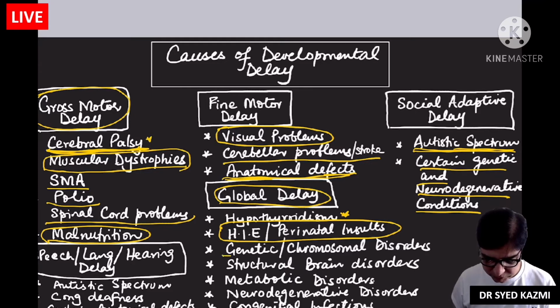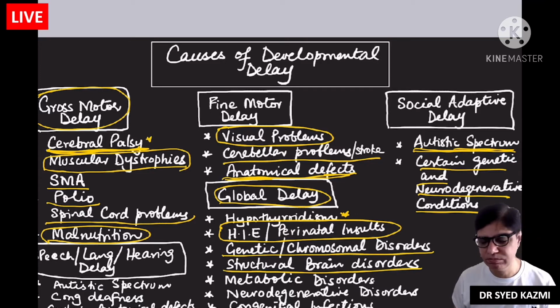Some of the genetic and chromosomal disorders, obviously Edwards syndrome and Down syndrome, can cause global developmental delay. Structural brain disorders like holoprosencephaly, lissencephaly, neuronal migration defects, etc., can also give you global developmental delay.